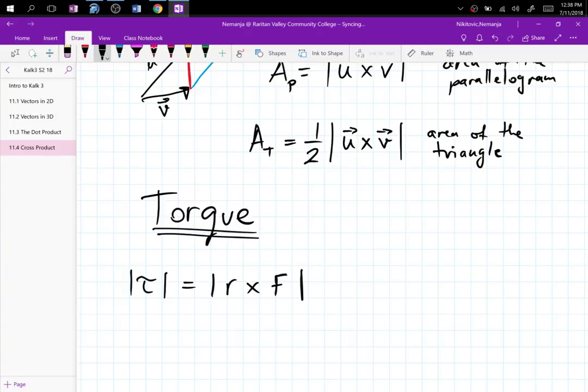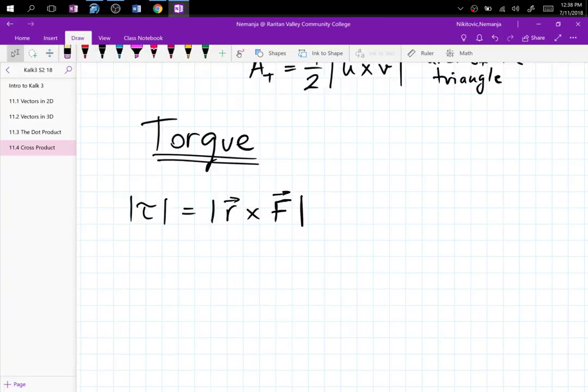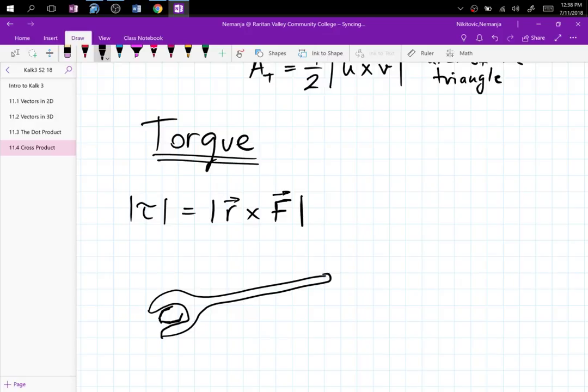Now, these are vectors, right? To have an idea of what this is, think about the wrench. It has some kind of bolt in it.